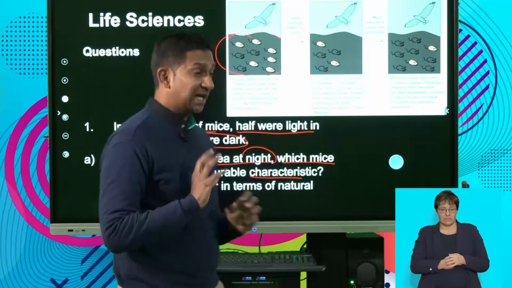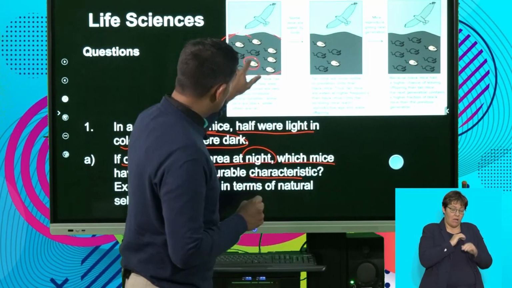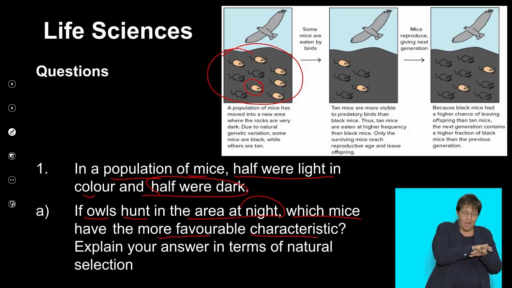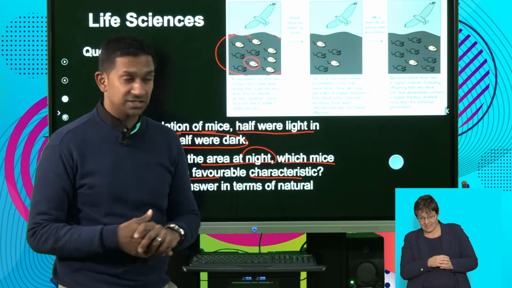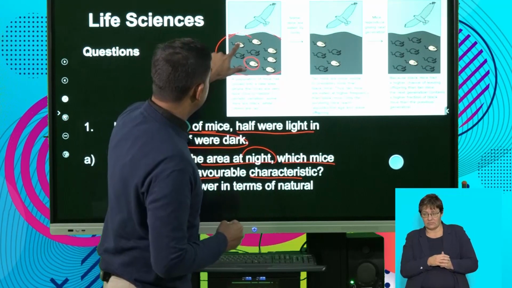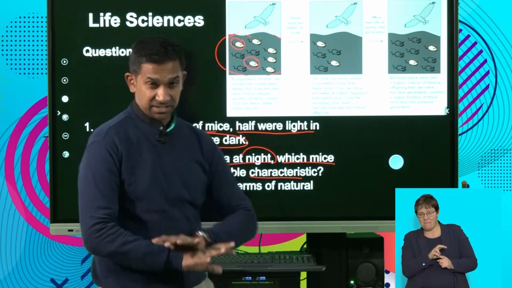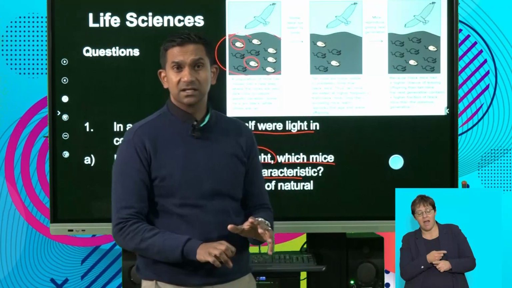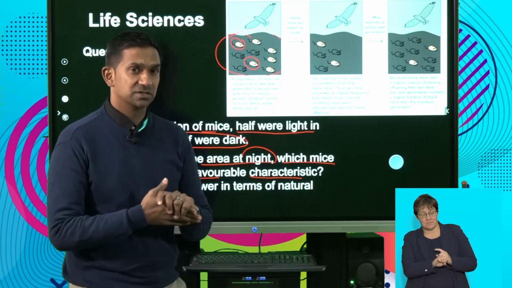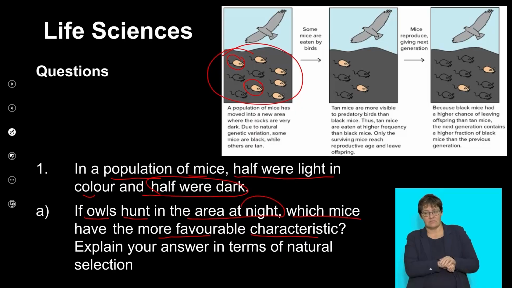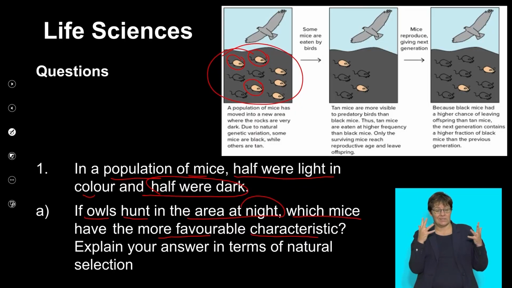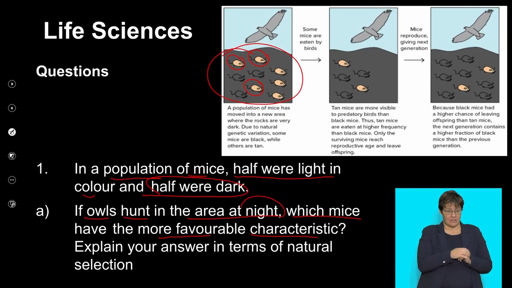Having a different color of coat gives some individuals a better advantage, or not necessarily an advantage. In this case, the brighter individuals against the dark surface at night are more likely to be seen by the owls. So the individuals that have a darker color, in this case the darker mice, will be less likely to be seen.